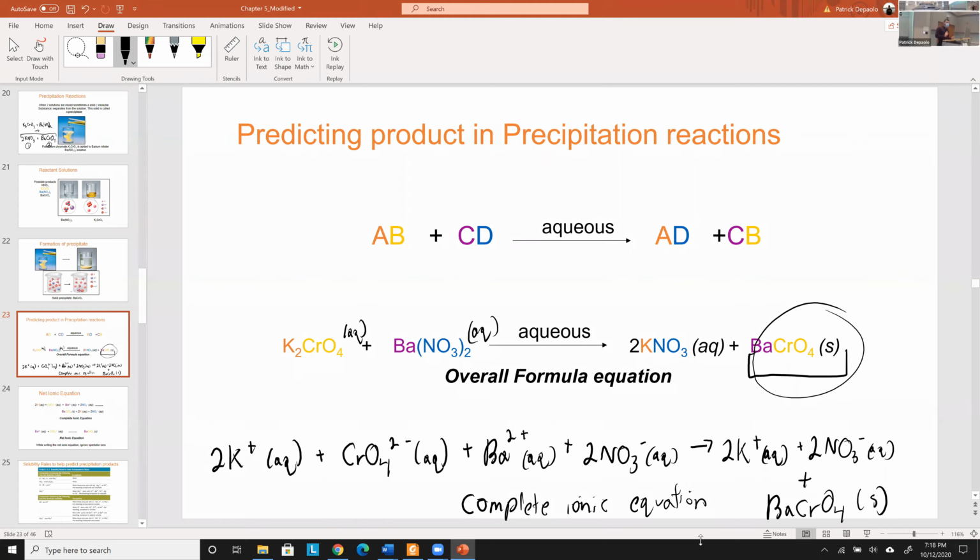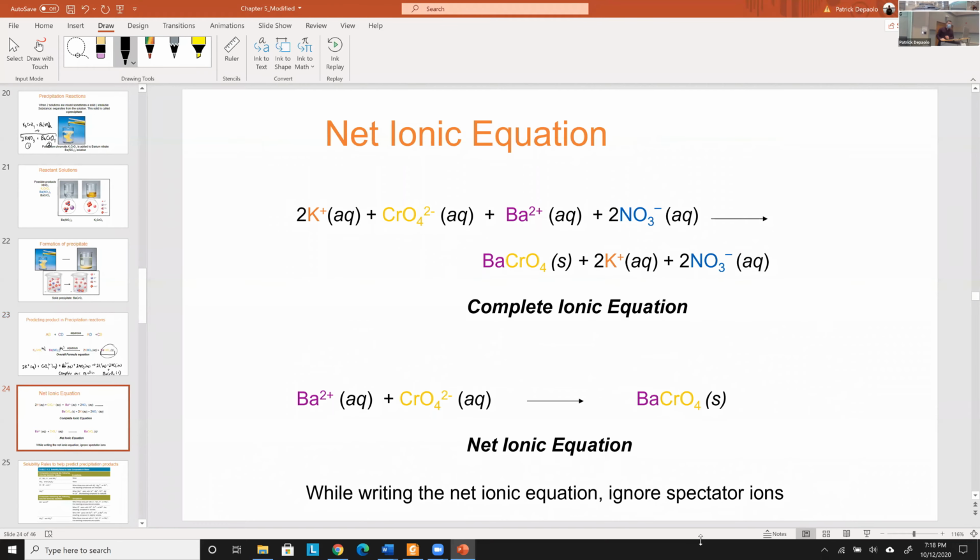And there is still one more thing to do with this equation. Yes. Okay, so the point of writing it like this, good question, is that at the end of the day, what we're going to do next is write the net ionic equation, which is the one on the bottom here.